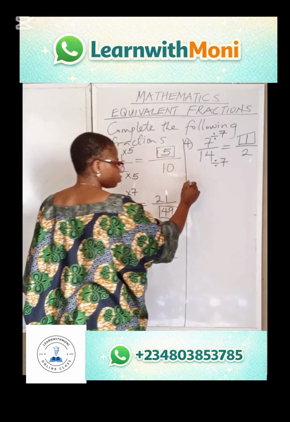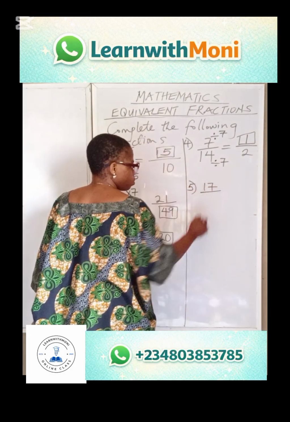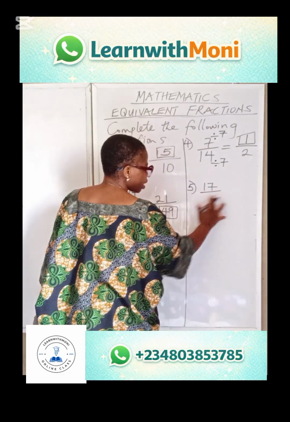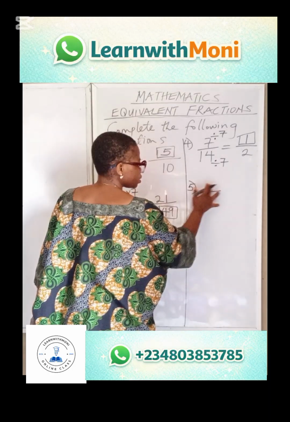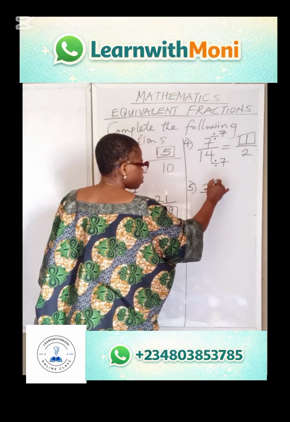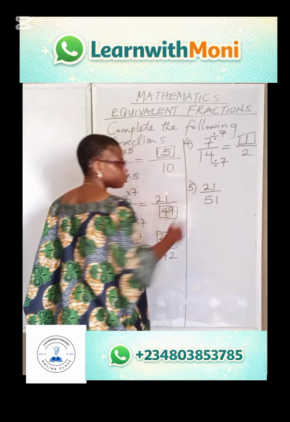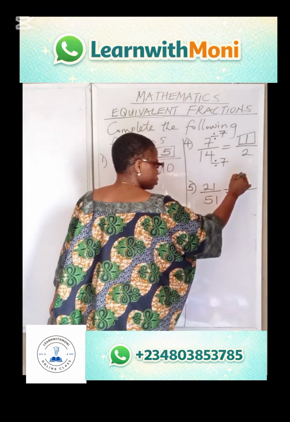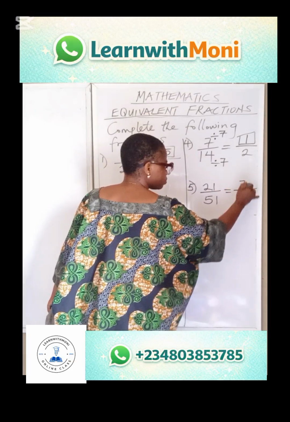Let's see another situation where I have 17 over 20. Okay, we are looking at shrinking now. We are looking at shrinking. Let me look at 21 over 51, shrinking to some 7 over something.